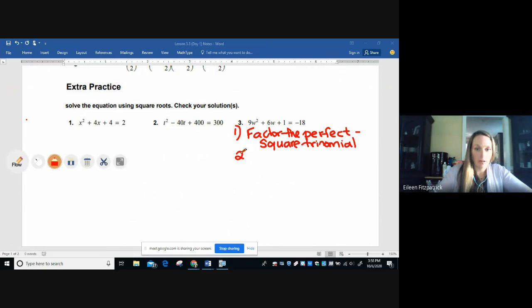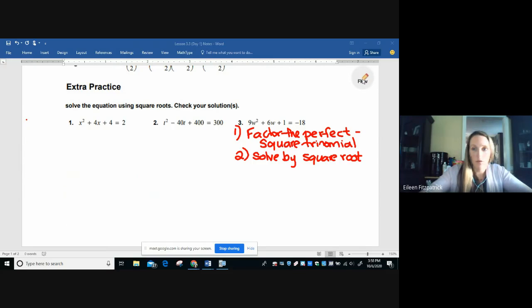Then after you factor the perfect square trinomial, you're going to solve by square root. For the first problem, we're going to see if this left-hand side factors.